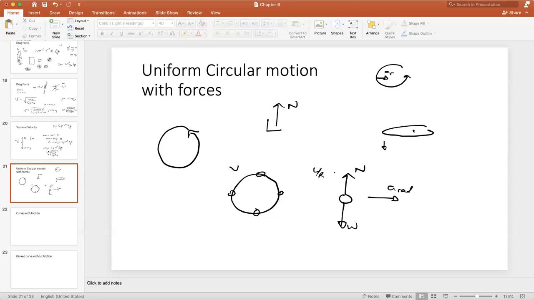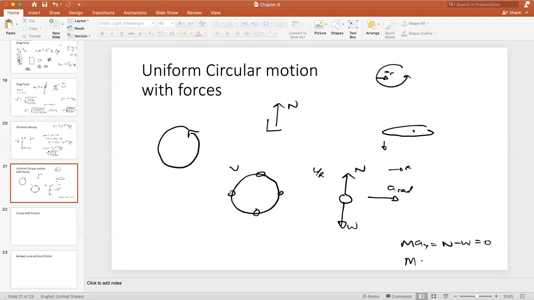And so when we look at this, if we draw U, and I should say that this is the R direction. So when we draw this, we say MA_y is equal to N minus W, which is 0.